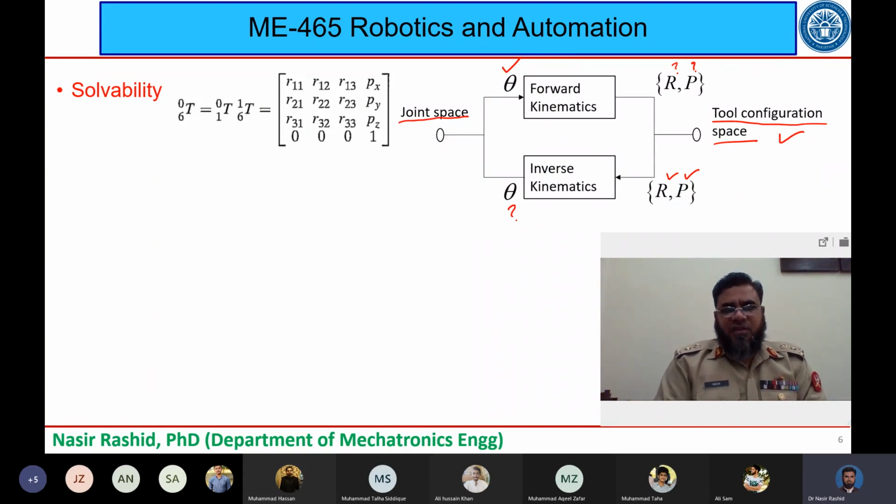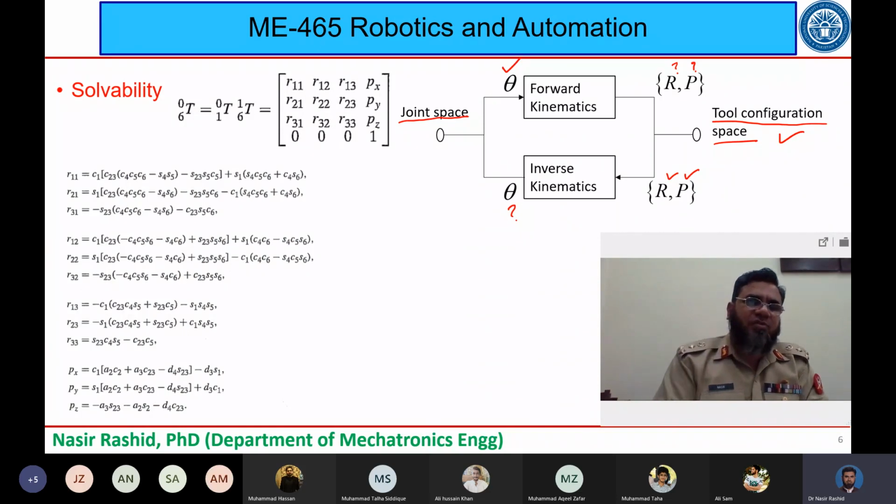All right. So this is the tool configuration space. We are familiar with this. You remember that we derived these equations, or we came across this type of transformation from 6 to 0, which is from the end effector to the base frame. We did it for the Puma robot, and these were the equations which we came across in the Puma robot.